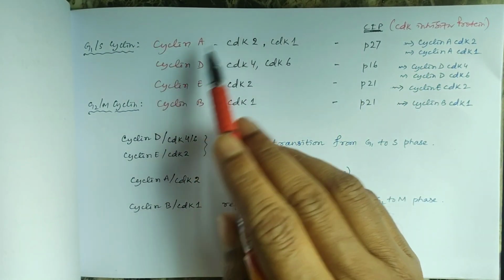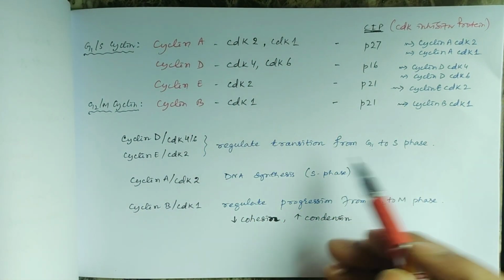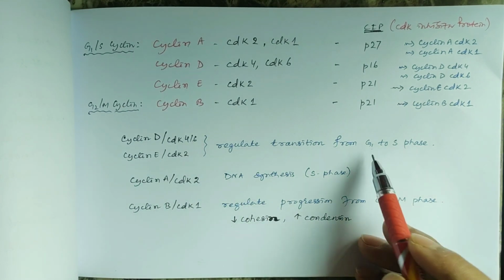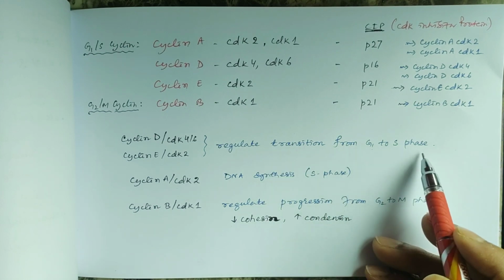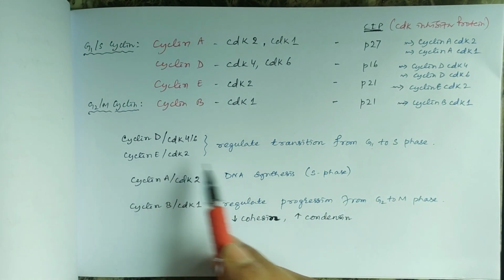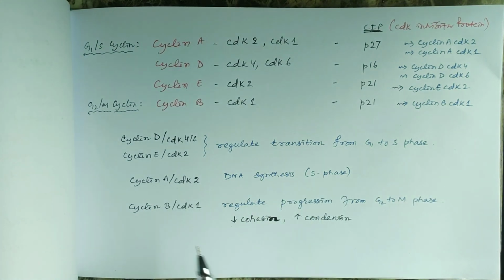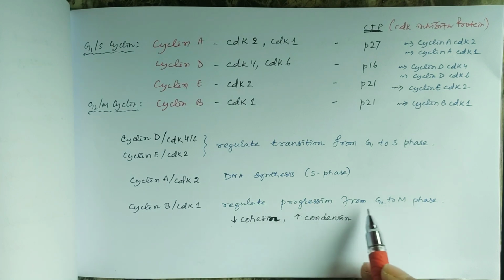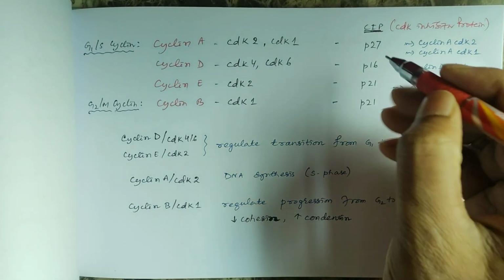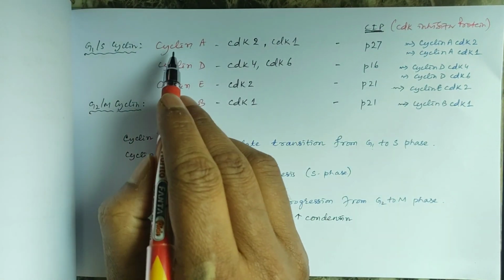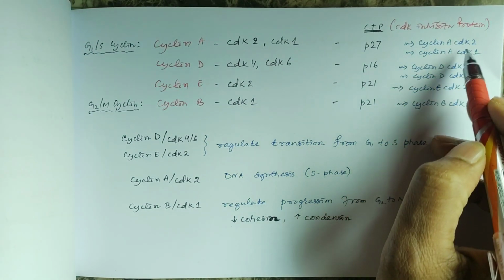Cyclin D with CDK4 or 6 helps the cell to transition from G1 to S phase. Cyclin E-CDK2 complex also acts in G1 to S phase. Cyclin A-CDK2 acts during DNA synthesis or S phase. Cyclin B-CDK1 regulates progression from G2 to M phase. And these are the CDK inhibitory proteins which inhibit the respective cyclin-CDK complexes.